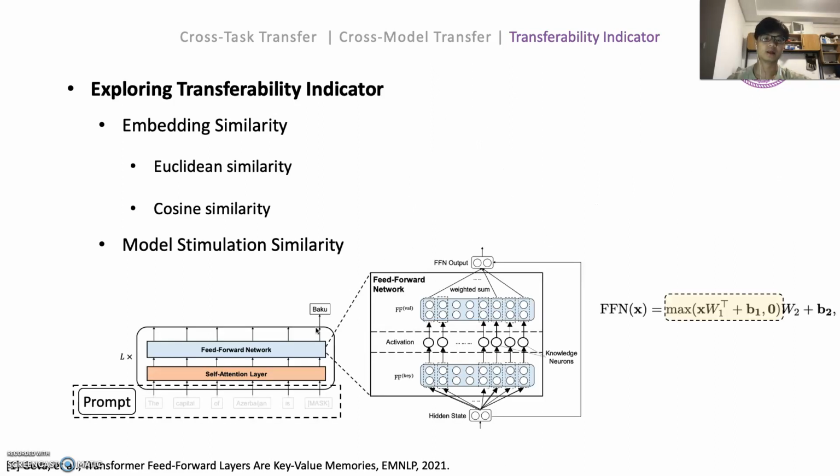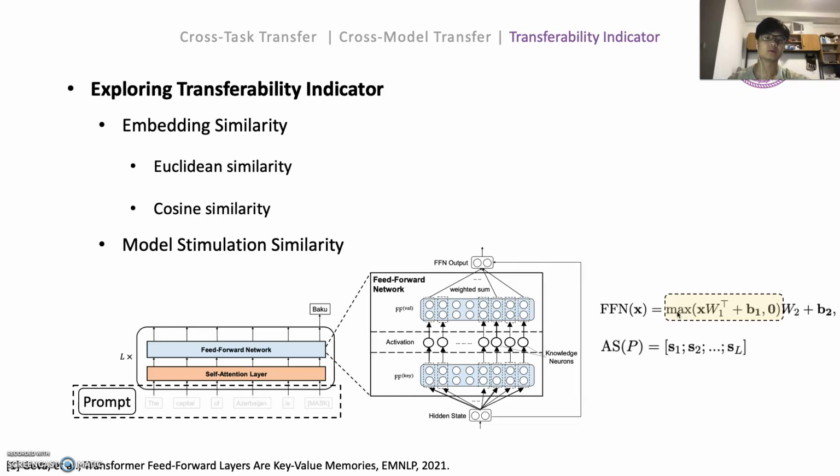For model stimulation similarity, we calculate prompt similarity based on how they stimulate the pre-trained language models. Specifically, from previous work, the output between feed-forward layers, here the yellow part, can be regarded as non-negative activation values for neurons.